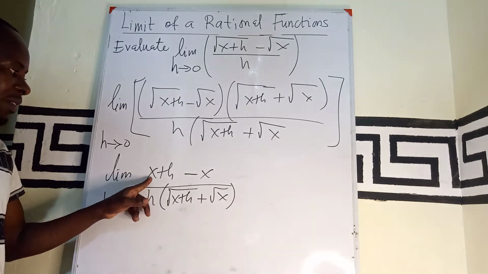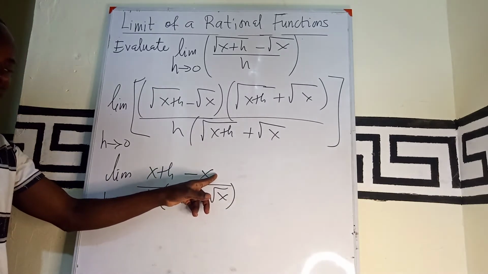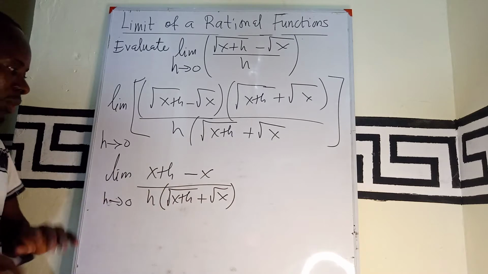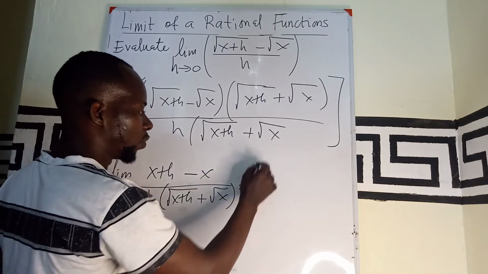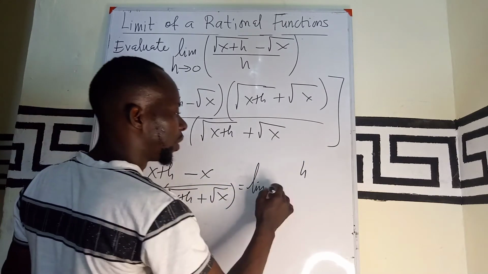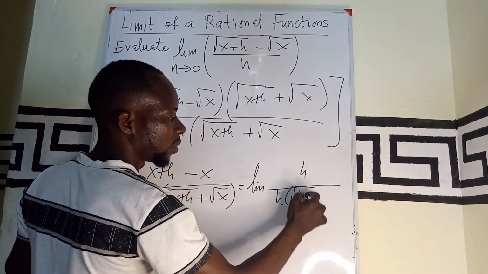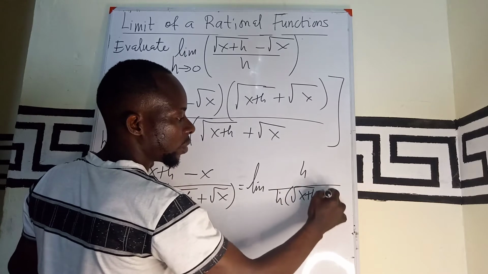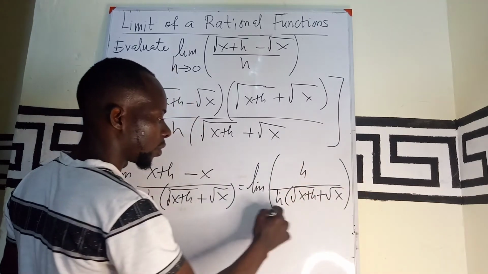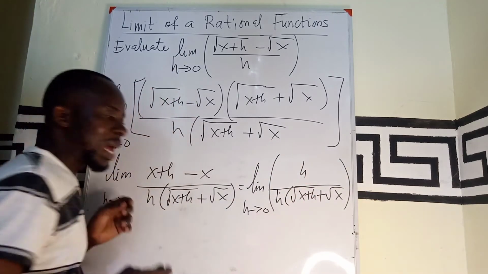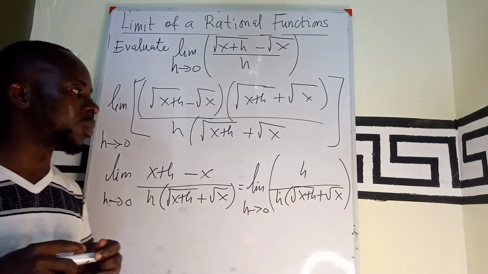You see that x minus x will cancel, leaving only h. So this can also be the limit of h over h times the bracket, as h approaches 0.